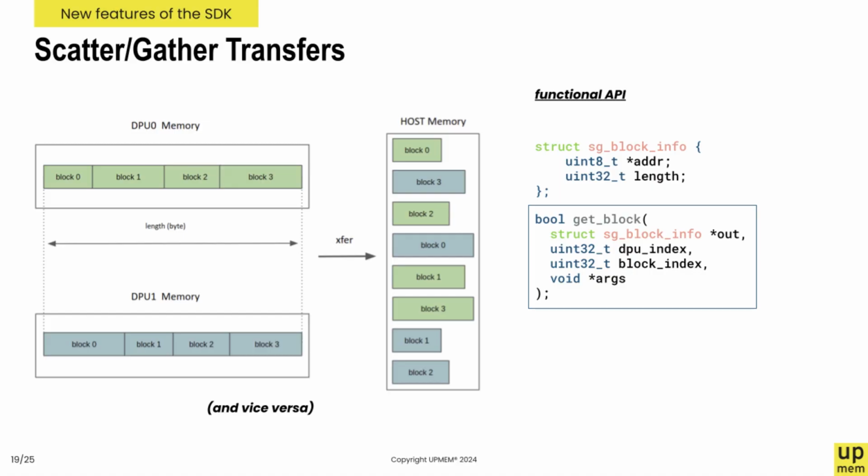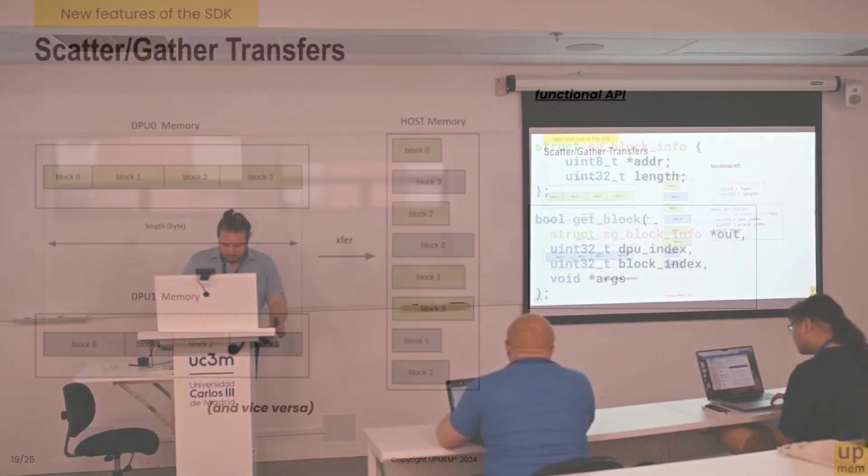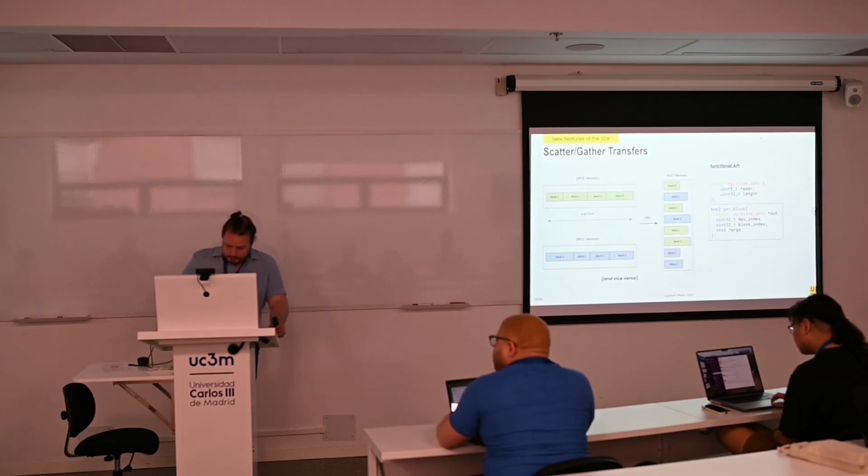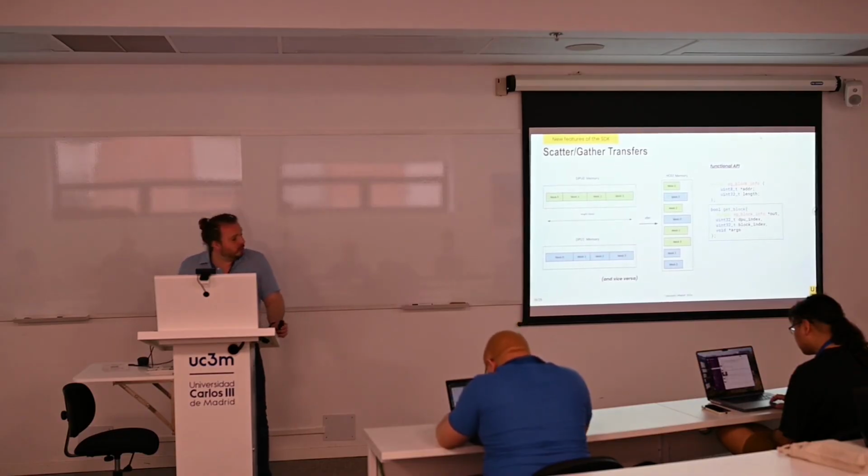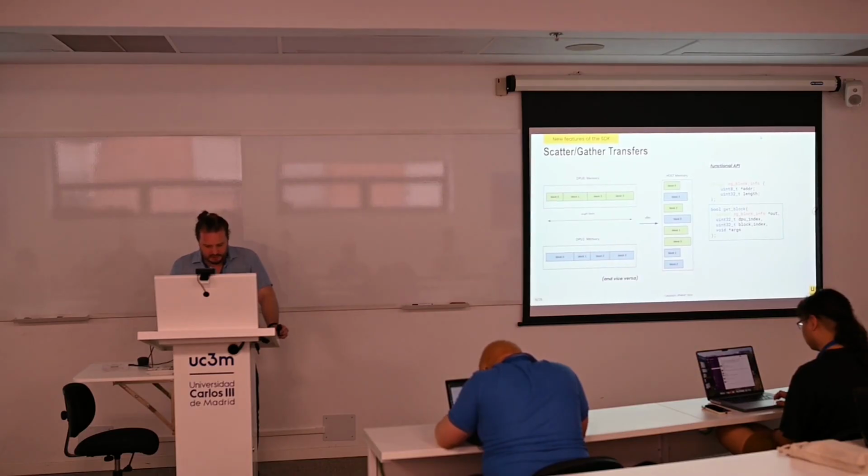So the bool says, okay, for this DPU index and block index, true, I have something to send. False, I don't have anything to send. That way, the SDK will use that function to fill a transfer table and do all the behind-the-scenes synchronization and all that. It's been used with quite a bit of success for some internal applications, and I'm sure we've received a lot of comments from users that they find this API quite useful.